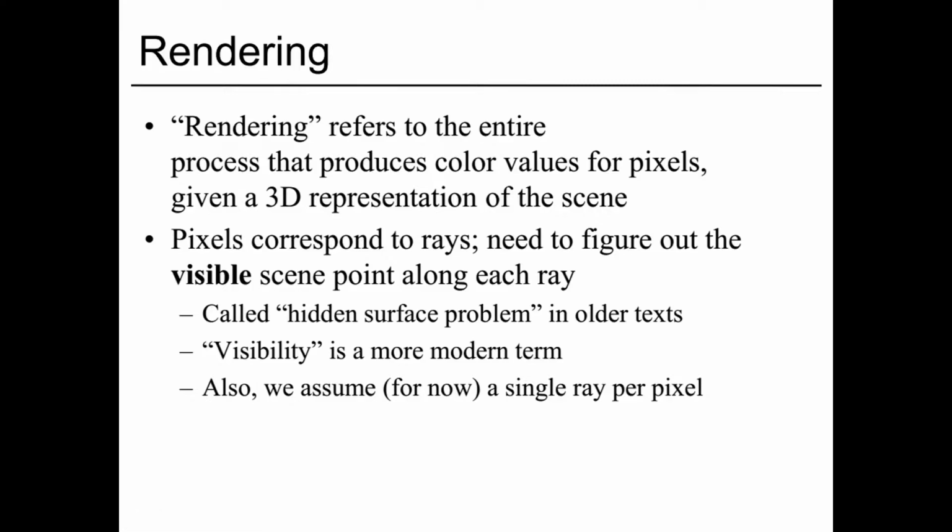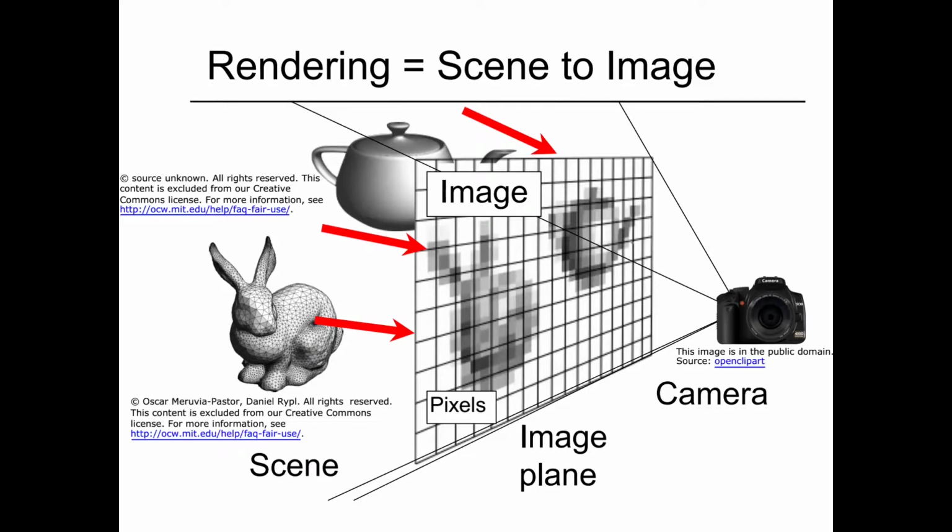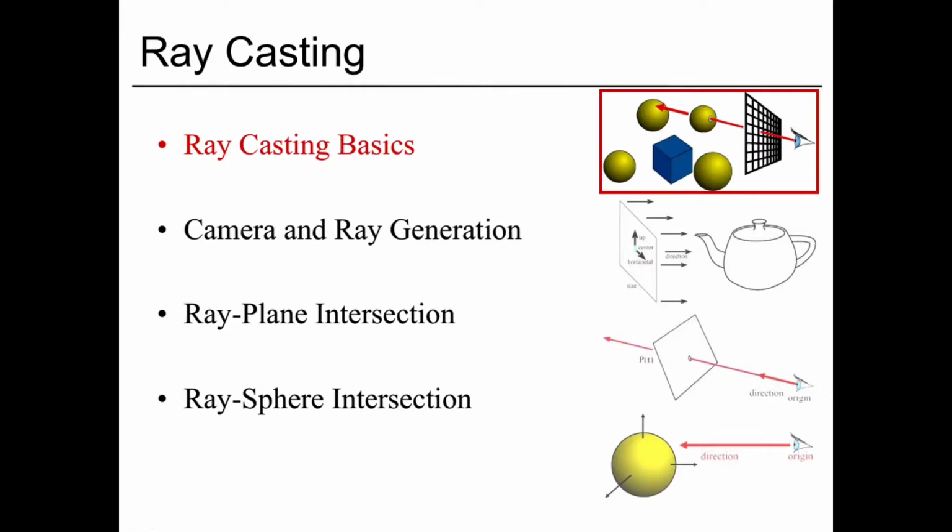So basically, rendering is the conversion of scene to image. You can refer to this slide which shows that a scene can be anything, 2D or 3D, but the rendered image is always 2D. Okay, these are the topics here that we will be discussing.